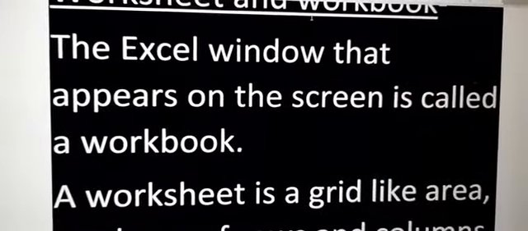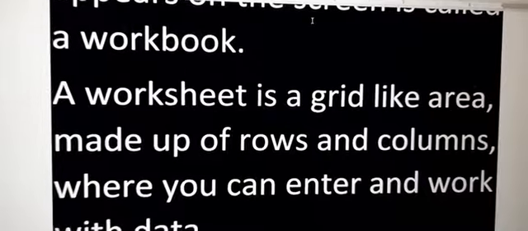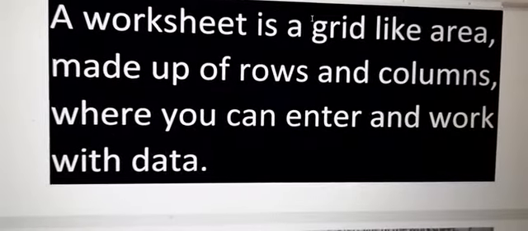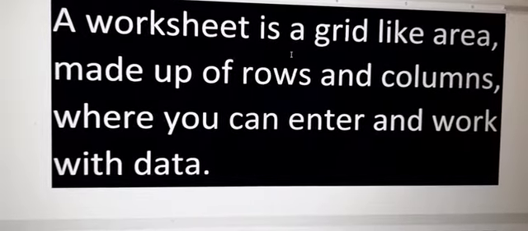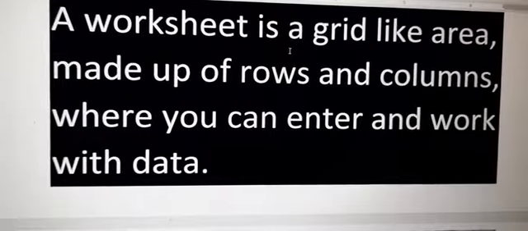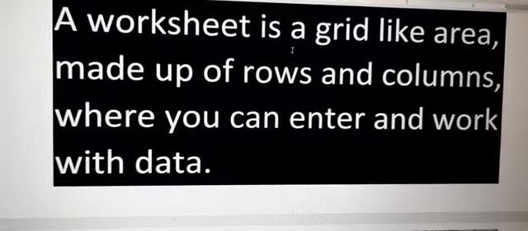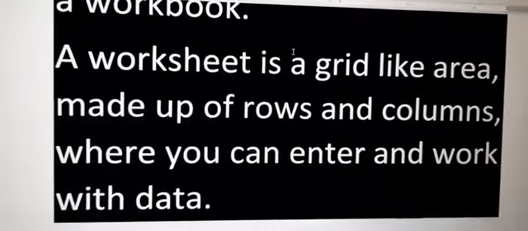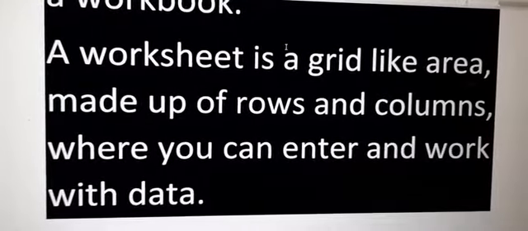Workbook is the Excel window that appears on the screen, and worksheet is the grid-like area made up of rows and columns where you can enter your data and work with it. Now, by default, an Excel workbook displays 3 worksheets at the bottom with the names Sheet1, Sheet2 and Sheet3.